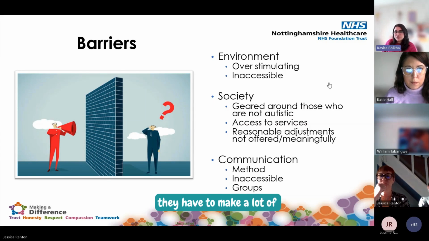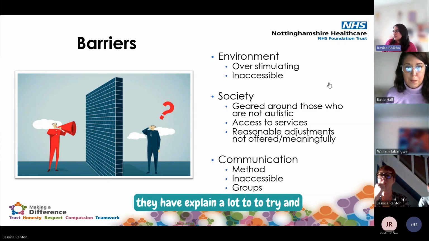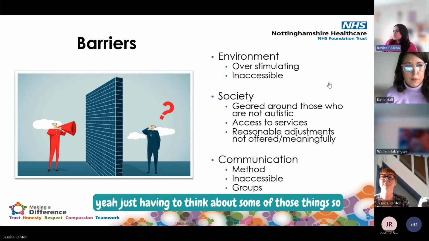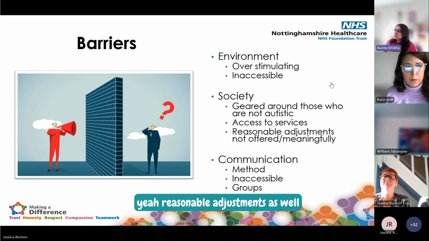They have to explain a lot to try and just get basic access to support. So, lack of reasonable adjustments as well. We will talk about that a little bit more as we go on.